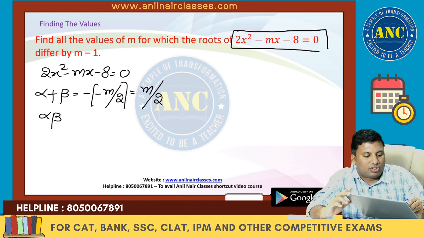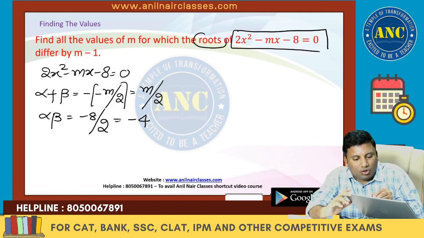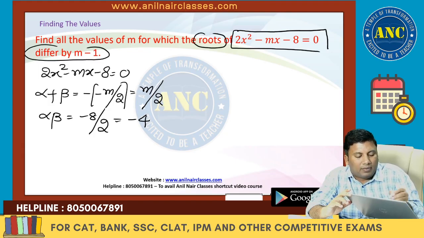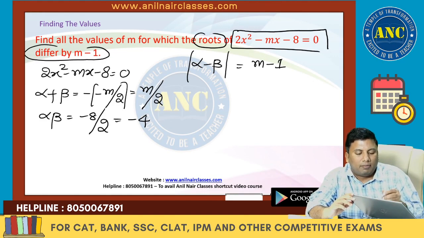Product of the roots is c by a, minus 8 by 2, which is minus 4. Alpha minus beta, their absolute difference, is m minus 1.